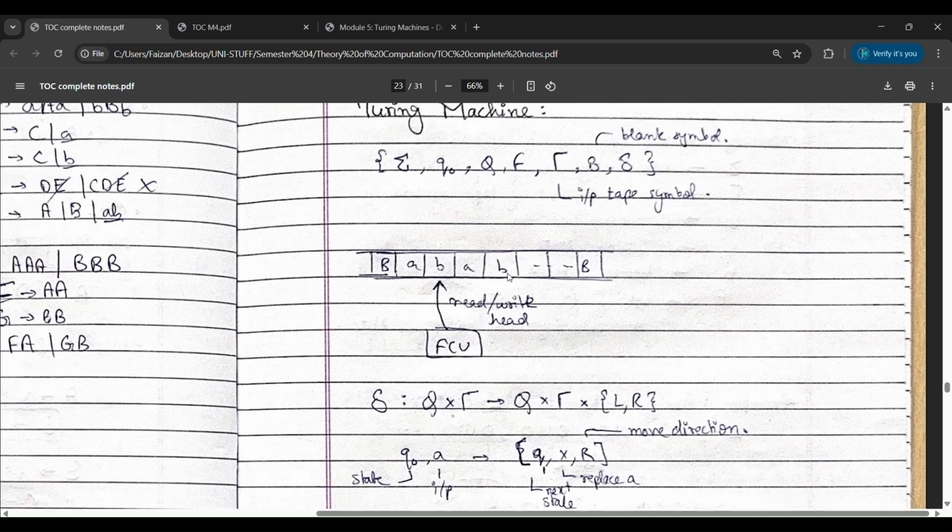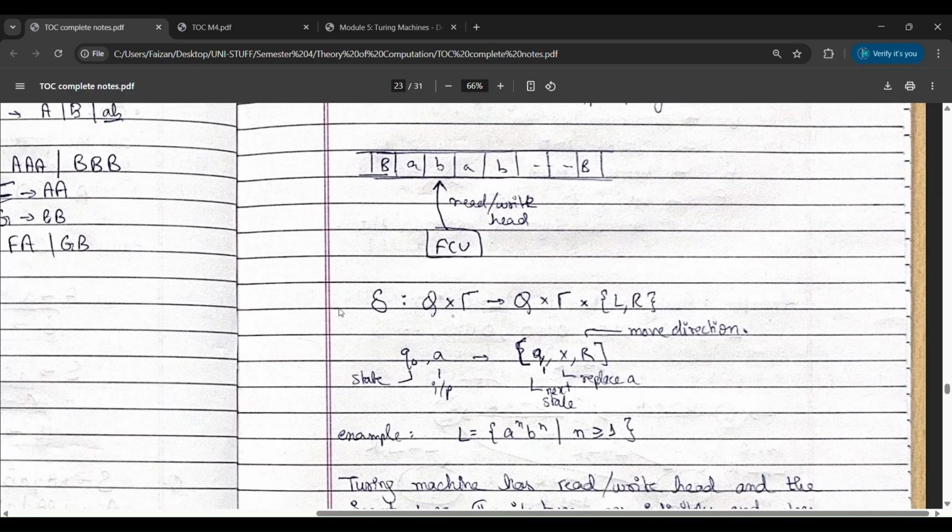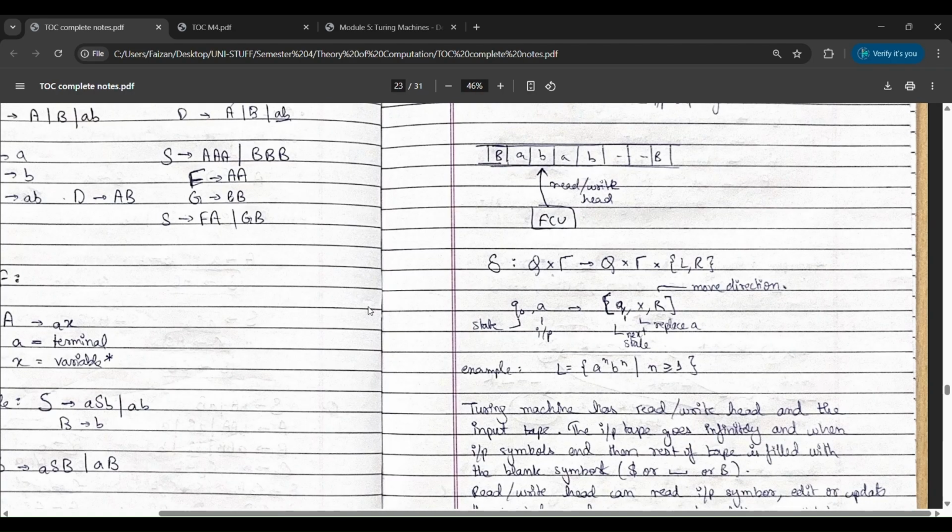You don't usually use capital B for blank, because it might confuse you with the terminals and non-terminals. There is a symbol for that. So once you encounter the blank symbol, that means the string has ended, and infinitely you just replace it with blank.